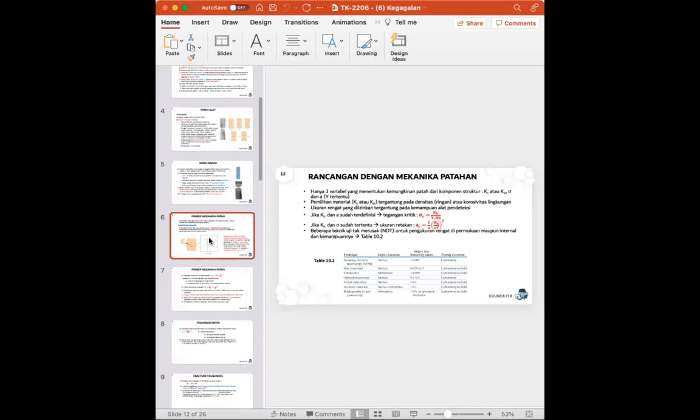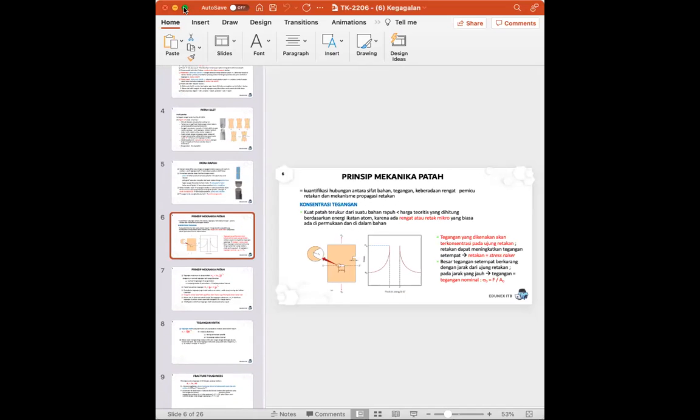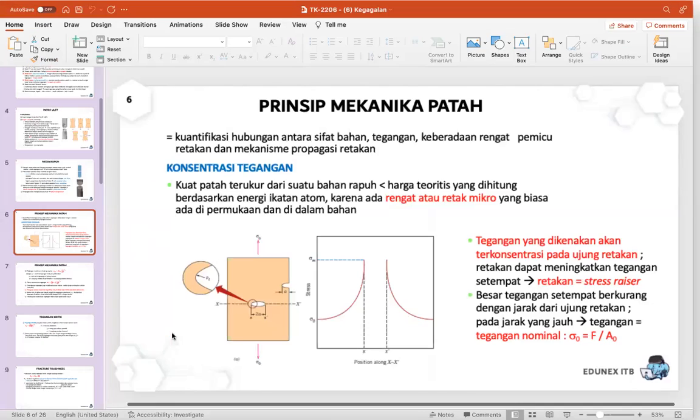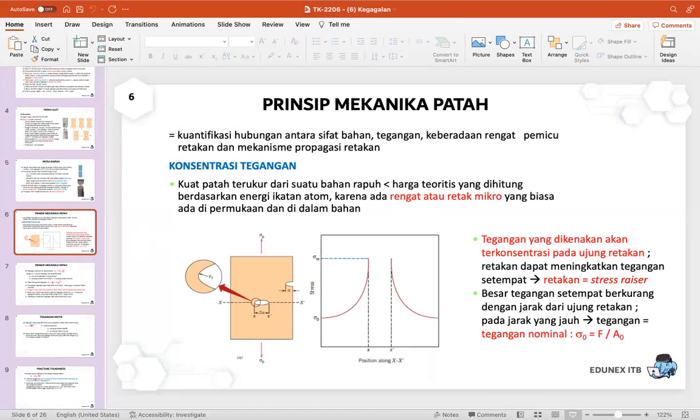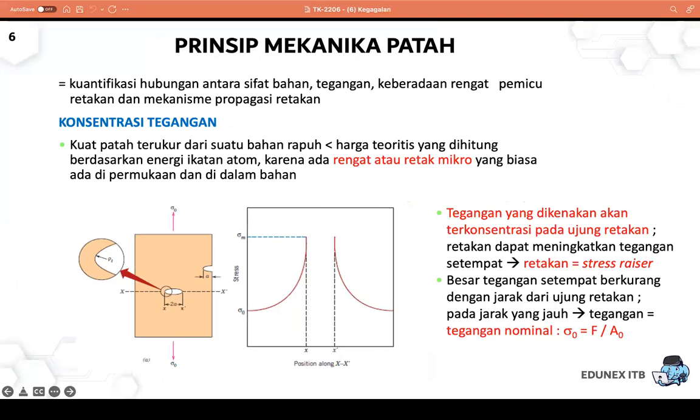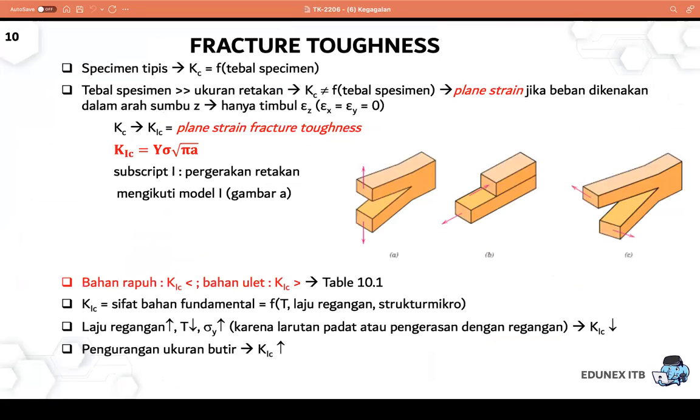So let's go back to here. I'm sorry, the PPT is still in Indonesian, but I think I can still explain it. The ability of a material to prevent a fracture even when it has a crack is called fracture toughness.